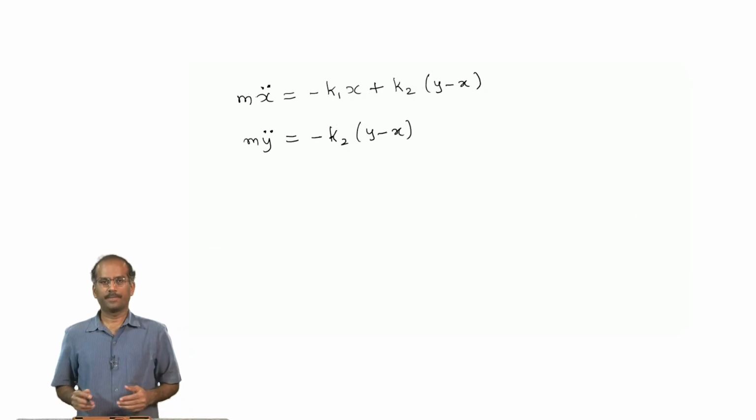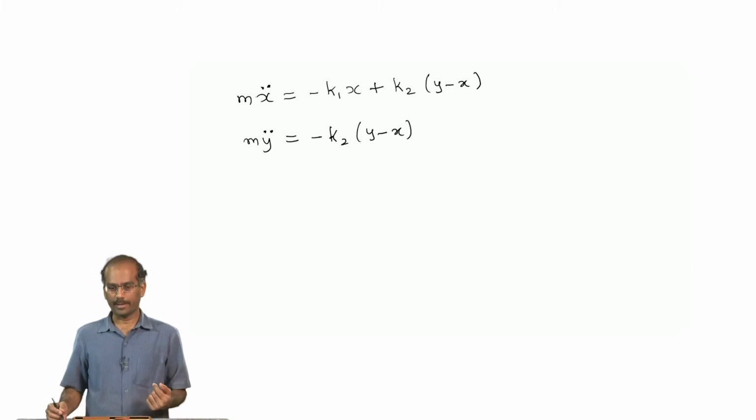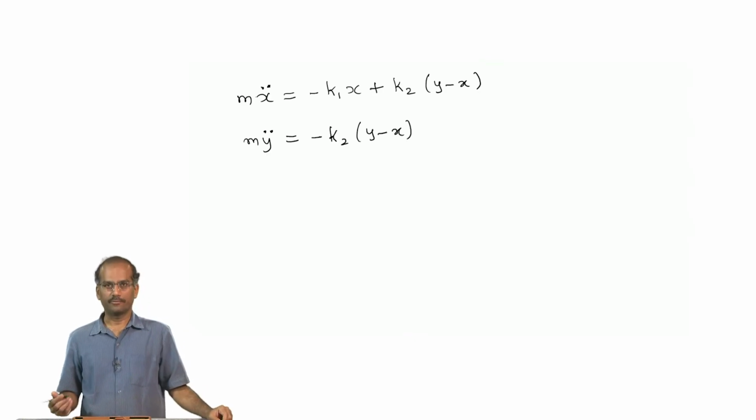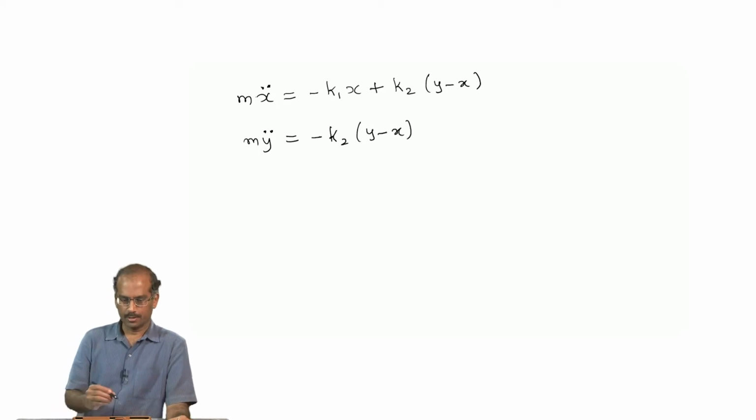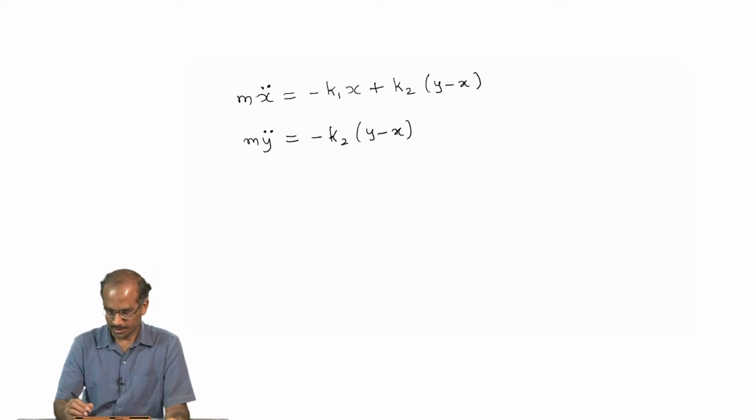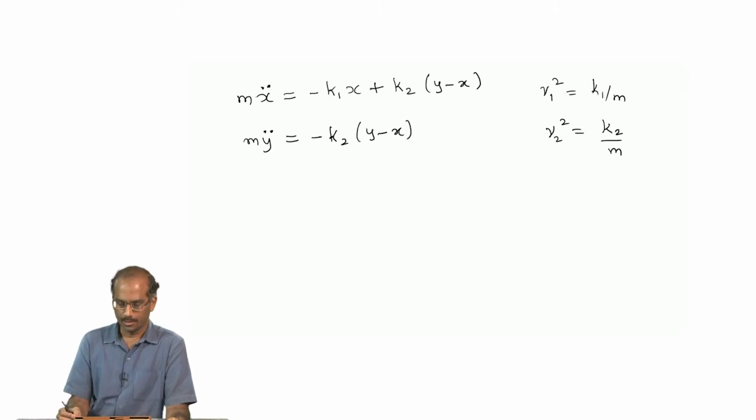So, if I divide throughout by m, I will have terms like k1 by m and k2 by m on the right hand side, and similarly in the equation for y I will have k2 by m. To simplify that, let me say that nu 1 square is equal to k1 by m and nu 2 square is equal to k2 by m.